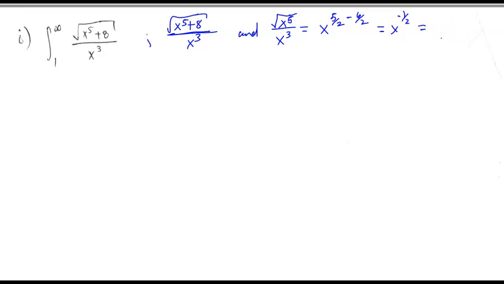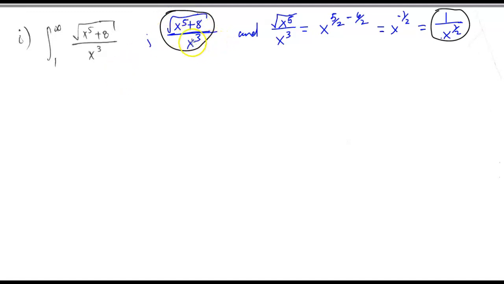So the two functions that we want to consider here will be this one and this one.